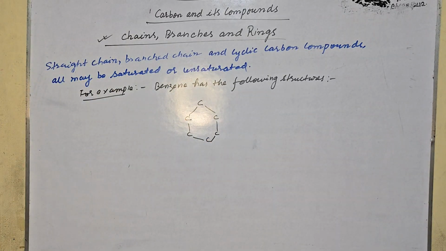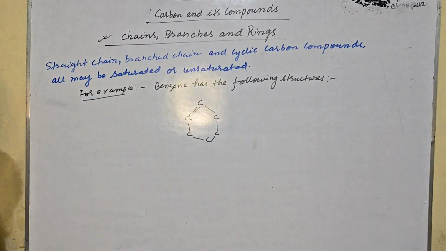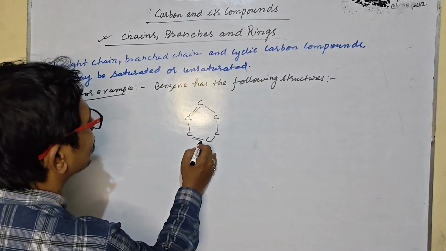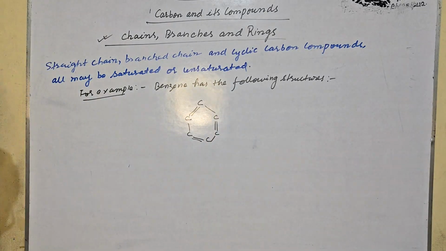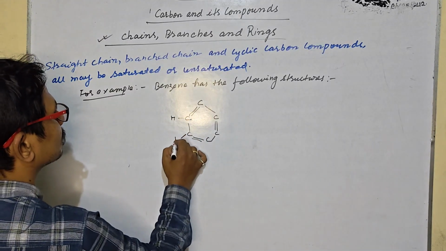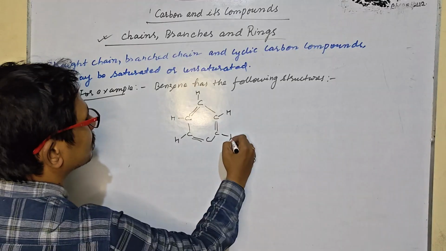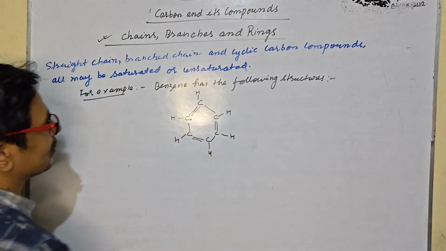So my dear student, let us understand there is branching here, and there is branching here, and these are the branching of hydrogen atoms.